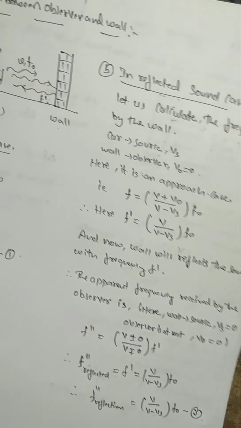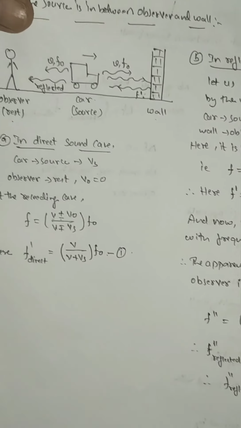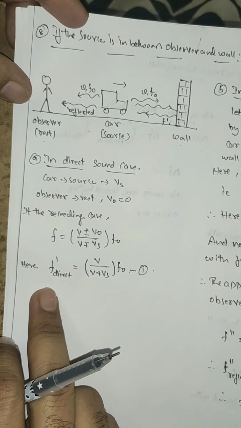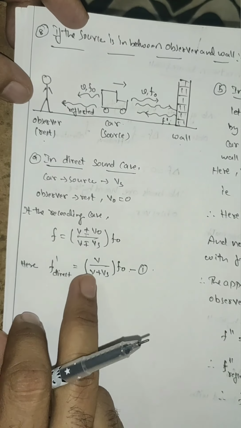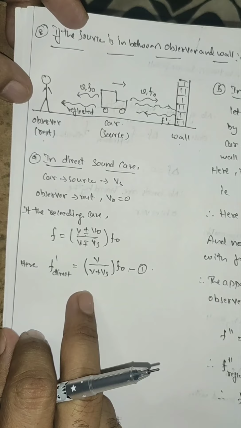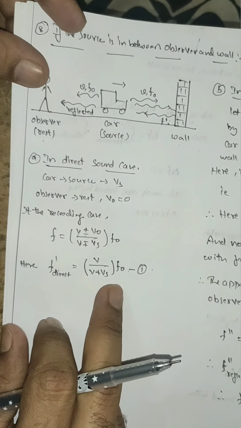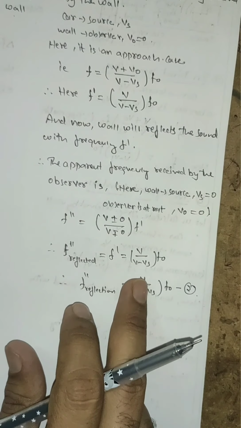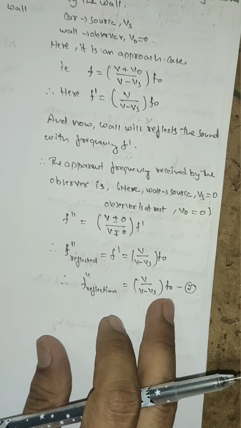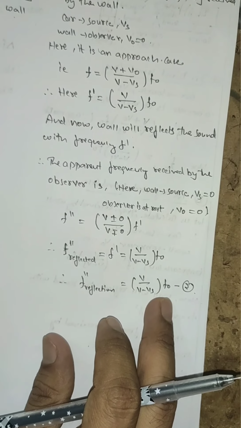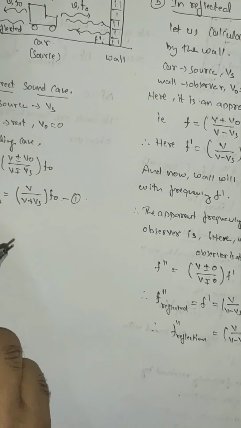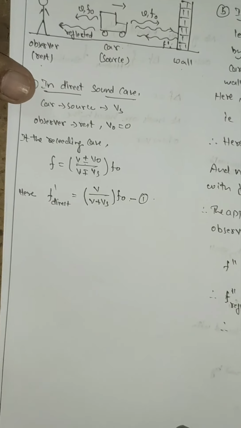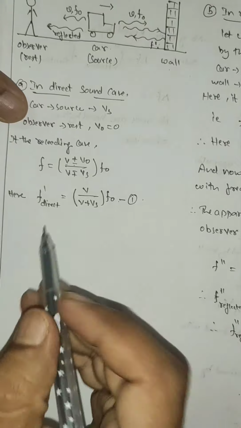Now if you observe, this is the direct apparent frequency received by the observer from the source, which is equal to V by V plus Vs into f naught, and this is the frequency received by the observer after reflection, which is V by V minus Vs into f naught. Okay, so there is a change in both frequencies, so there will be a Doppler effect, there will be a number of beats.